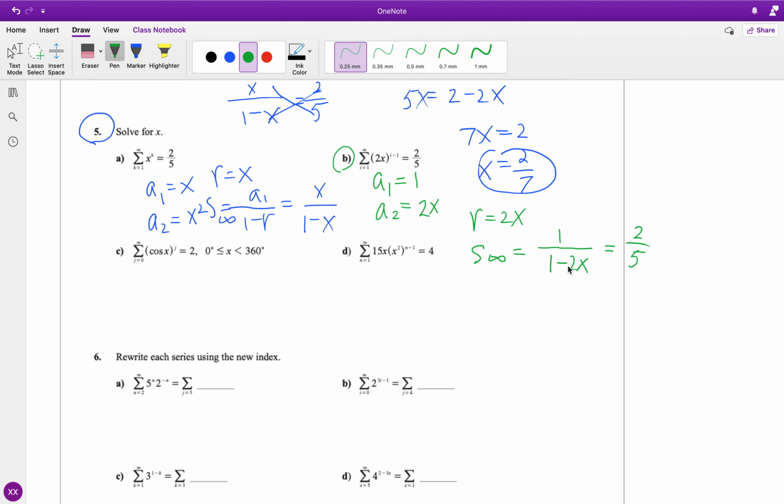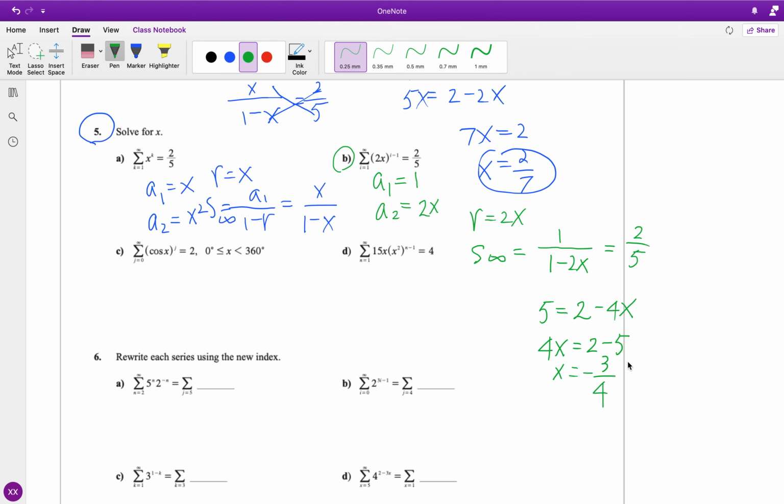Similarly do the cross multiply, and that equals 5 equals 2 subtract 4x. So then I'm going to move the 4x over that way, so 4x equals 2 subtract 5. So x equals negative 3 over 4, right? So then that is negative 3 over 4.